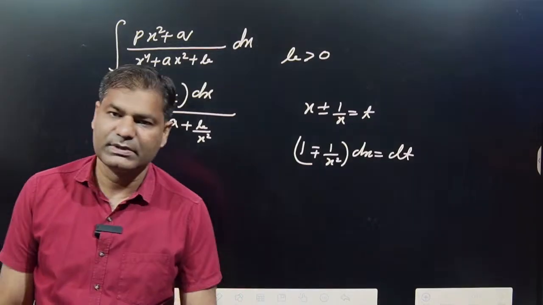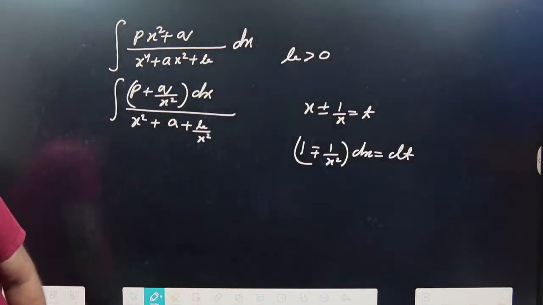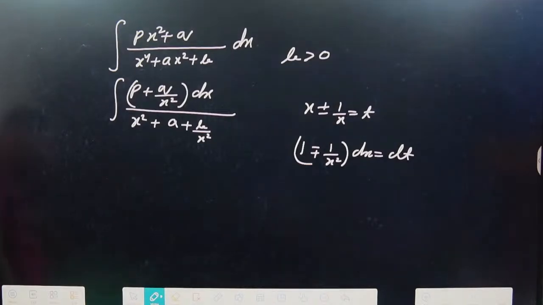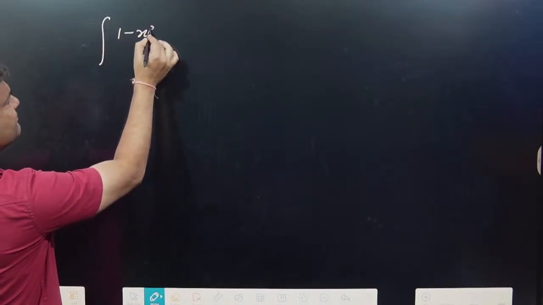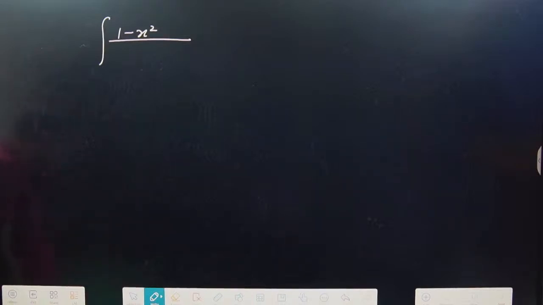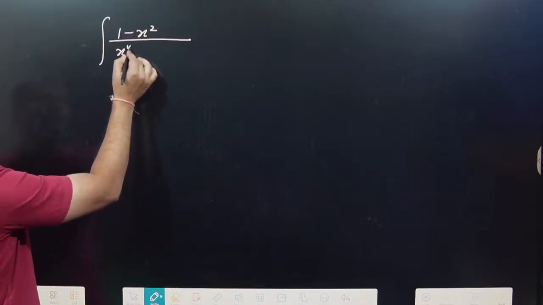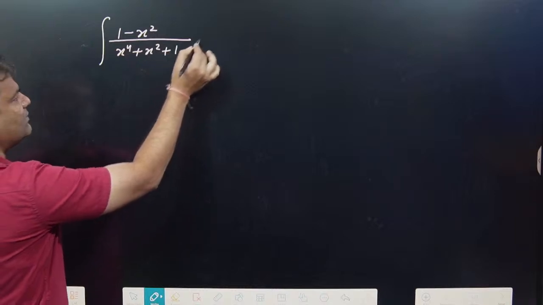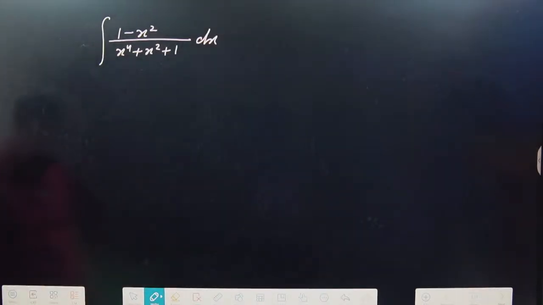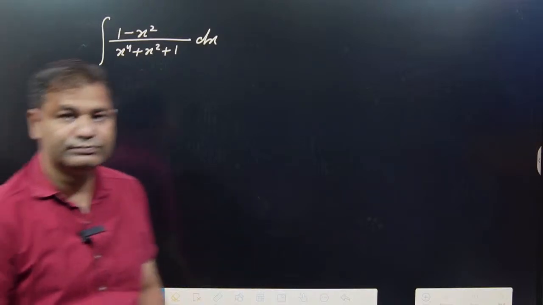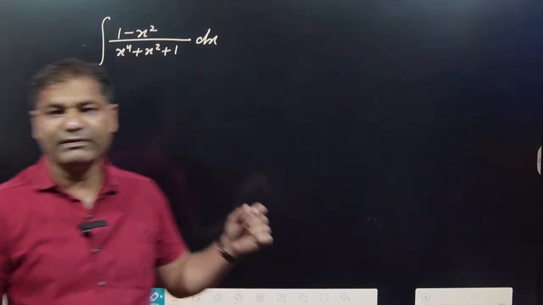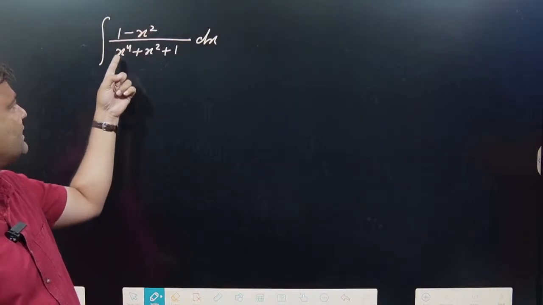Okay, let's solve some problems. Now the first problem is integration of (1 − x²) divided by (x⁴ + x² + 1) dx. Look here, numerator and denominator, in both the powers are even, here x², here x⁴.